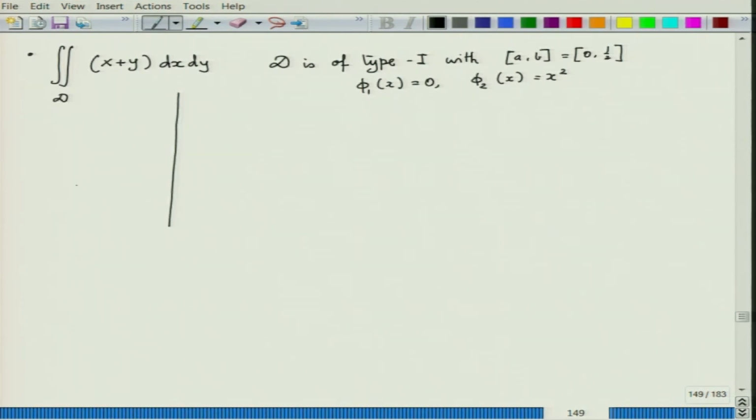So, if you look at the zone on which you are integrating, x is from 0 to half, phi 1 x is 0, and phi 2 x equals x square. Of course, we are maintaining that phi 2 x is always bigger than phi 1 x; x square is anyway greater than or equal to 0. So, this is my domain D.